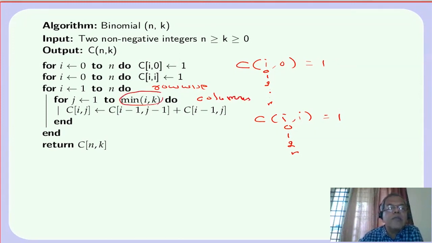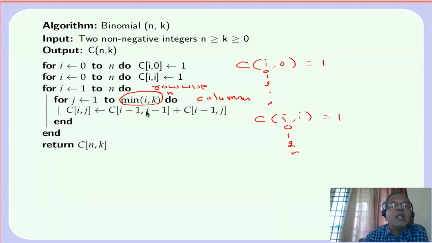Take a look at this. For j becomes 1 to, maybe you may wish to write j becomes 1 to n. Why should you not write n and you have to write minimum of i and k? You have to think. C of i comma j becomes C of i minus 1 comma j minus 1 plus C of i minus 1 comma j. This is simply the recurrence relation we have already formulated.